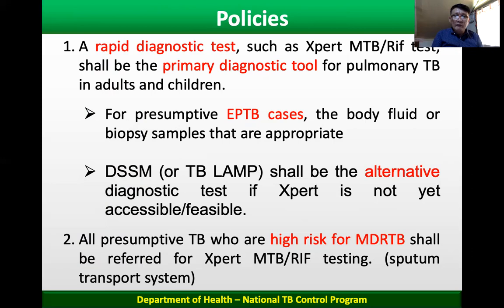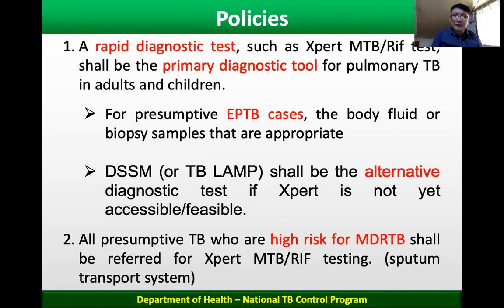Now we have DSSM, direct sputum smear microscopy, or TB-LAMP, which shall now be the alternative diagnostic test if Xpert is not yet accessible or feasible. As you notice, we have already expanded our RTDL, the Rapid TB Diagnostic Laboratory.